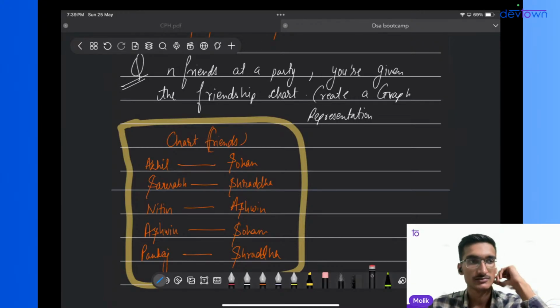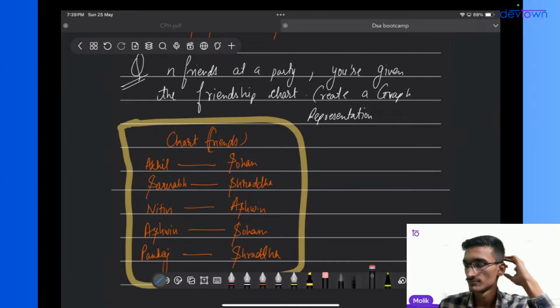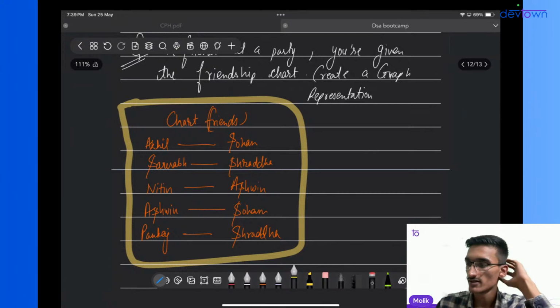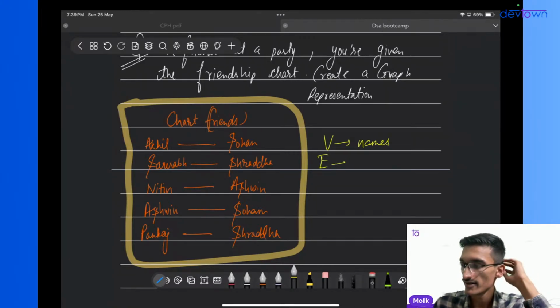Think about it. So here, vertices can be names and edges can be friendship, right?